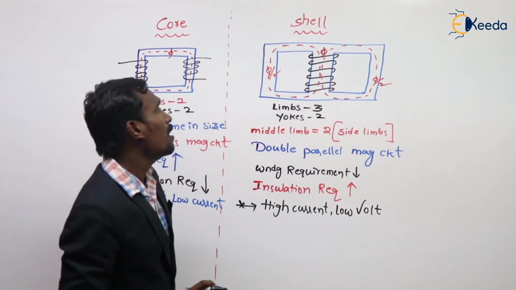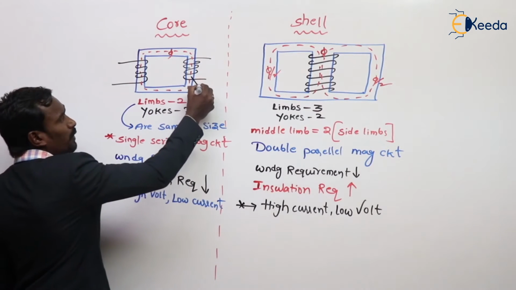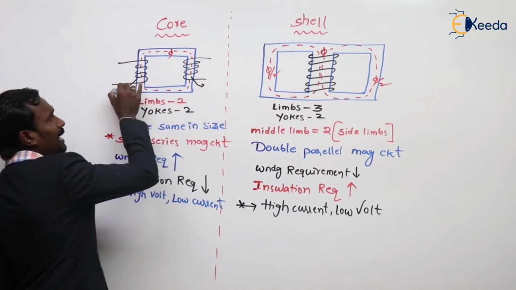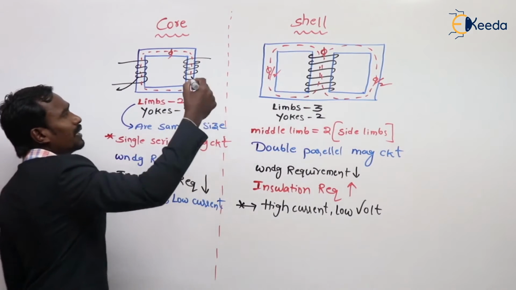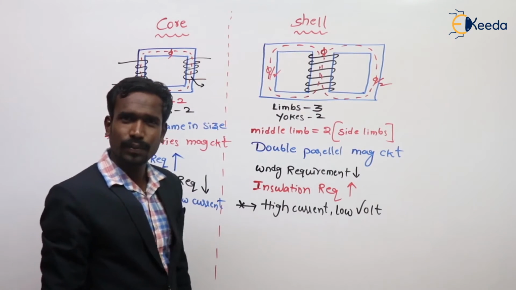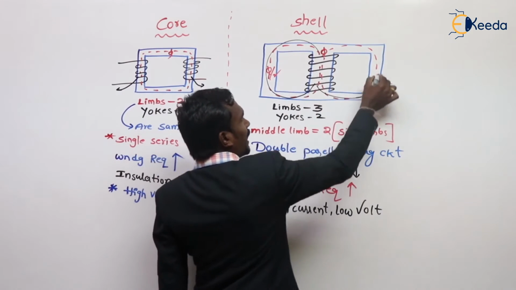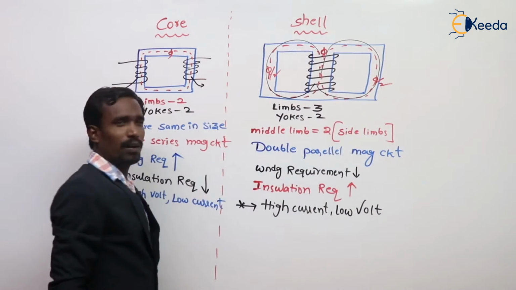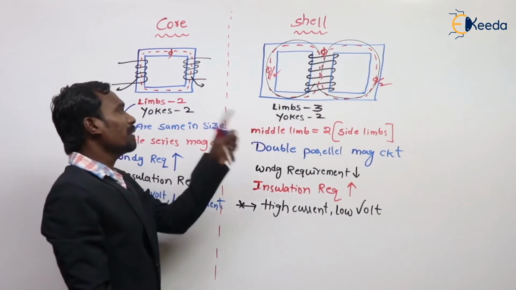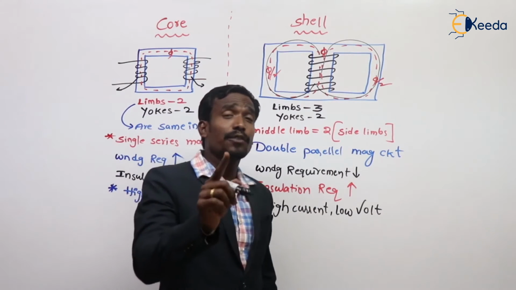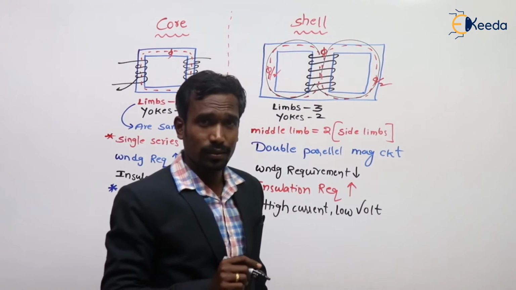And also see here, if the flux comes like this, it is called leakage flux. But here, if the flux comes like this, it returns again to the main path. Now tell me, in which is leakage flux more?